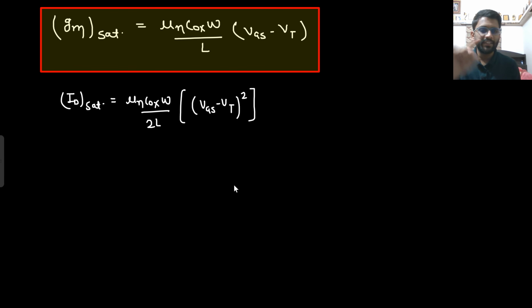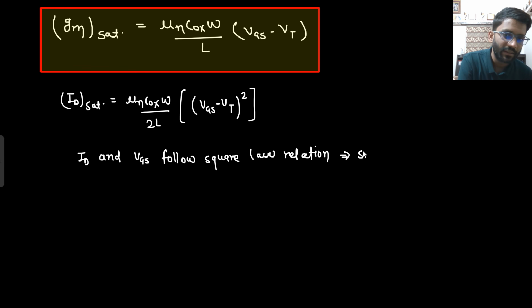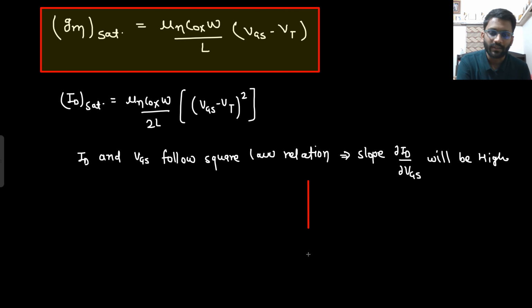So here ID and VGS follow a square law relation. That means the slope will be high. What is the slope? That is del ID by del VGS, it will be high. How do I comment on that? Let's make a graph.